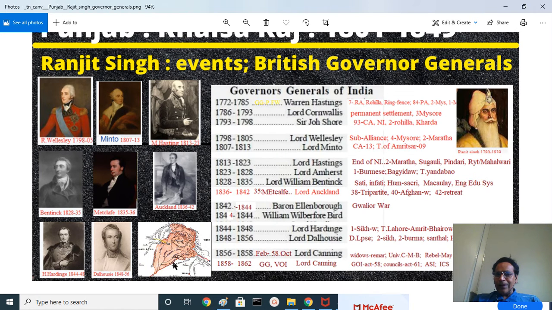Ranjit Singh didn't allow the army, because it was an independent sovereign state, to go through Punjab.